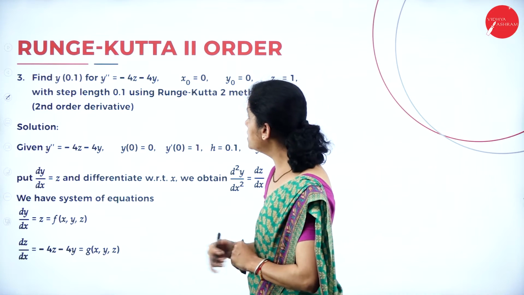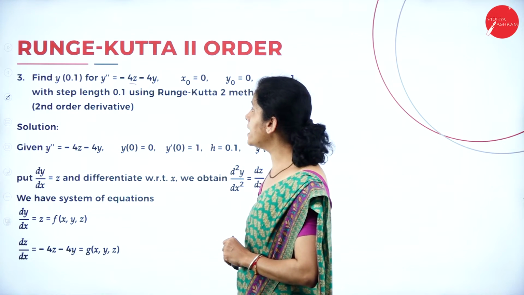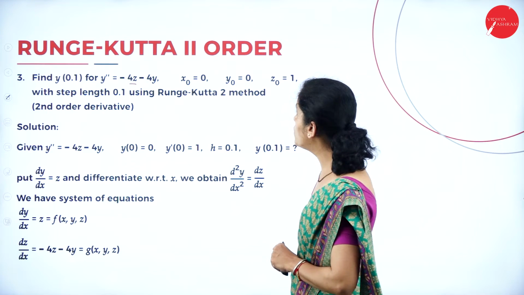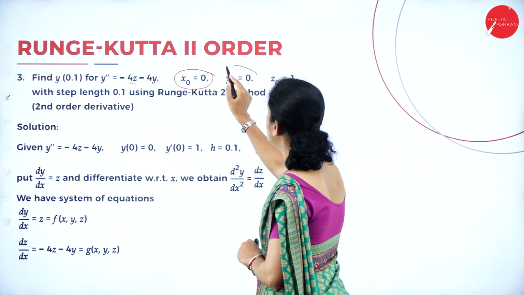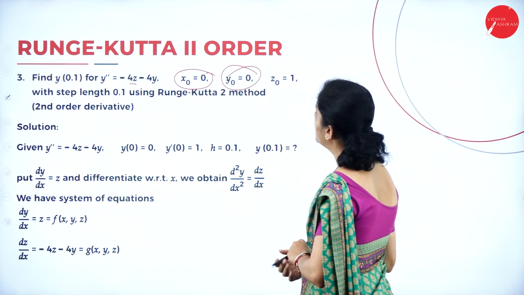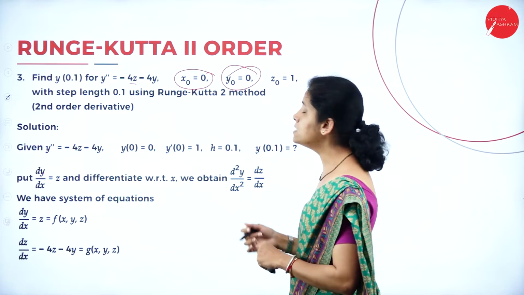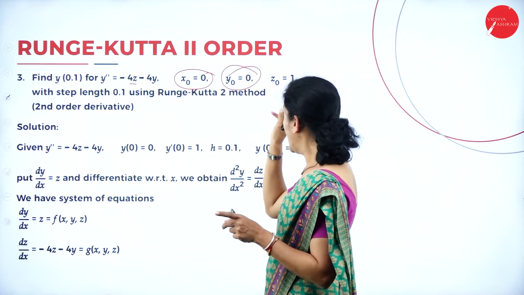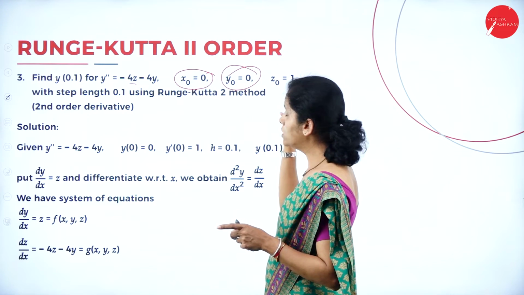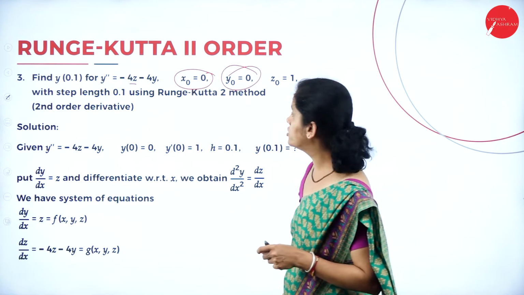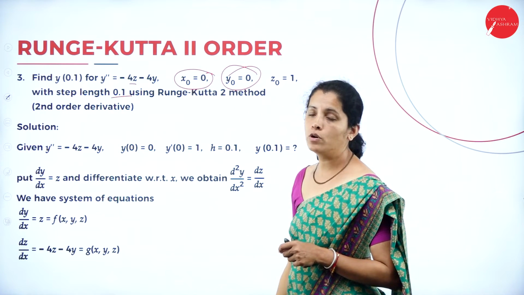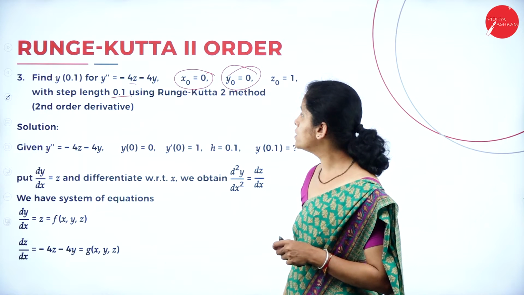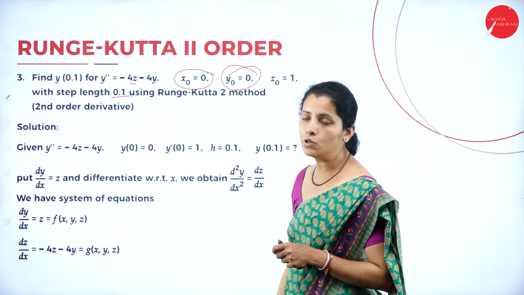Now, dear student, let me consider another example: find y of 0.1, where y double dash is minus 4z minus 4y, with x naught is 0, y naught is 0 and z naught is 1. Then h is 0.1. I want to solve this problem by using Runge-Kutta order 2.